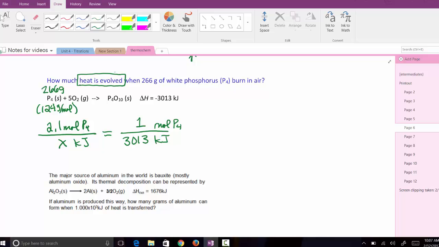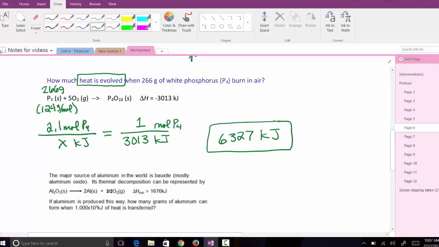So I have this times 2.1. So I get that 6,327 would be my kilojoules that are evolved. So the sign is implied in the question. If that were a quest problem, I wouldn't need to enter that as a negative.